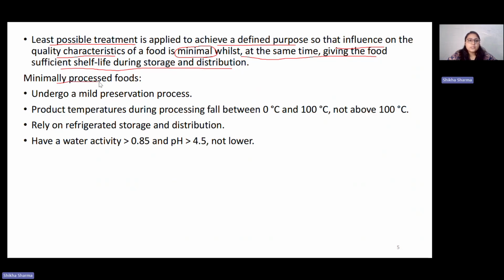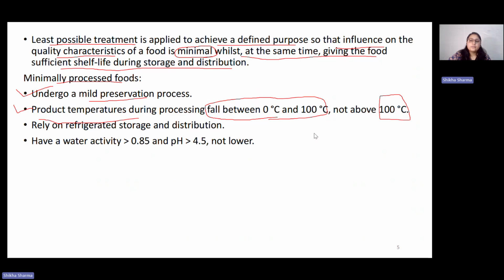So the minimally processed foods basically undergo a mild preservation process. The product temperature during processing falls between 0 to 100 and will not go beyond 100, because beyond 100 the quality of the food product may alter.